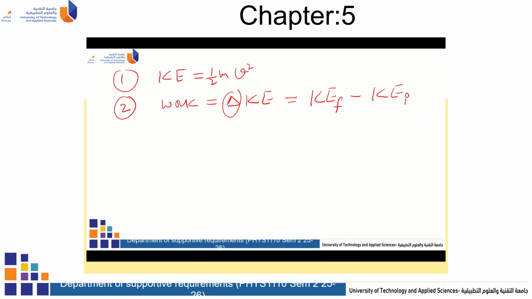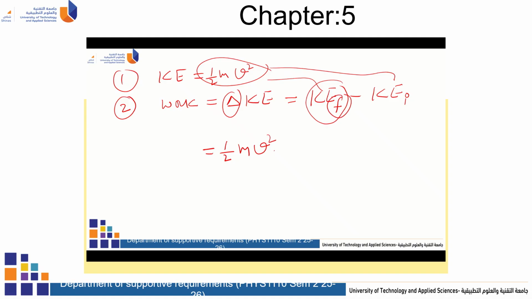For the final kinetic energy, I write half the mass and the velocity squared, where this velocity is the final velocity, minus half the mass and the velocity squared, where this velocity is the initial velocity. This is the rule for the work done.